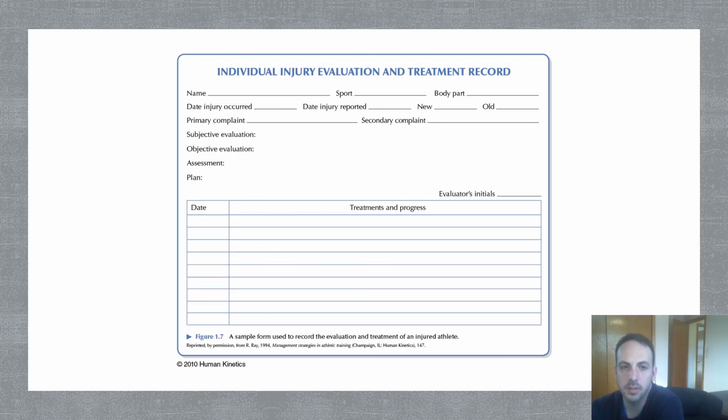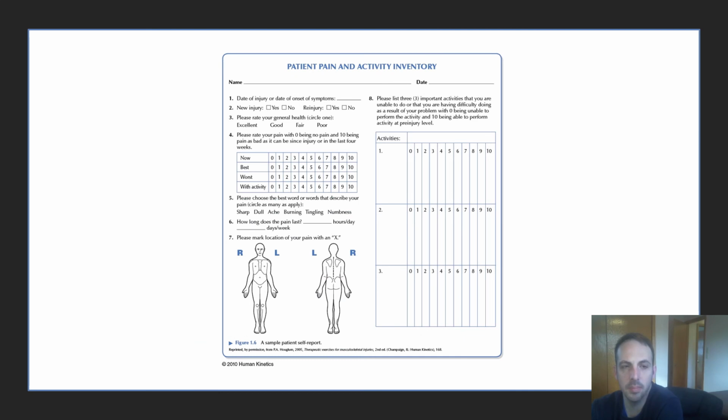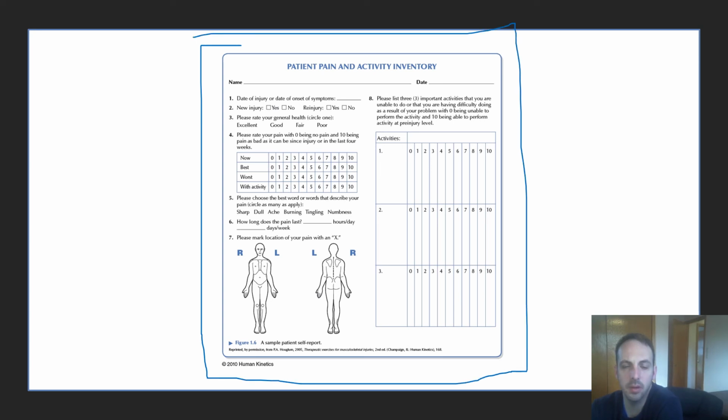There are all sorts of different forms associated with that. We looked at daily treatment notes in the evidence-based practice course. Here's a form that follows a similar aspect. But at the same time, remember we can be using our PROMs to monitor progress over time.